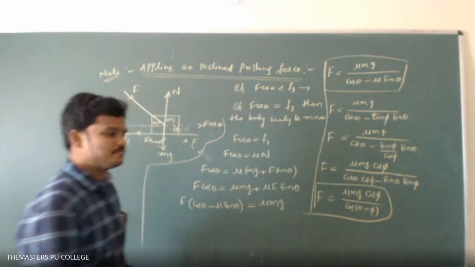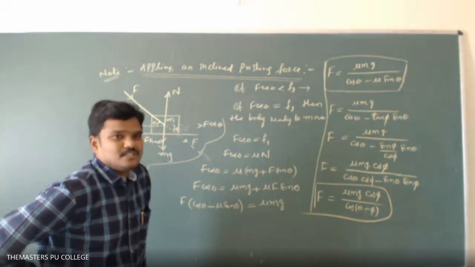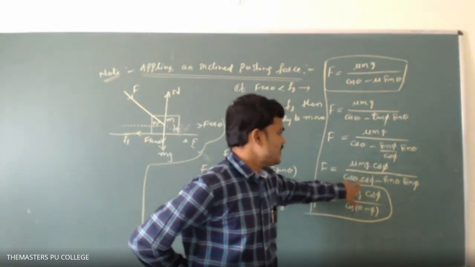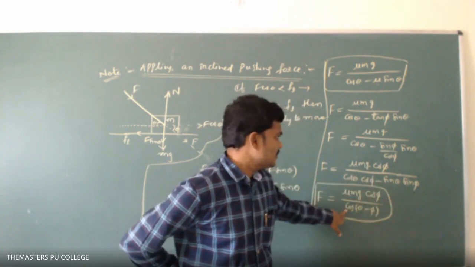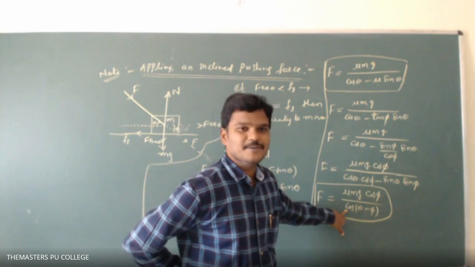See, I am getting one more good equation now. I got the minimum force as mu mg cos phi over this. What is the formula: cos A plus B, or cos A minus B? Cos A plus B is cos a cos b minus sin a sin b.